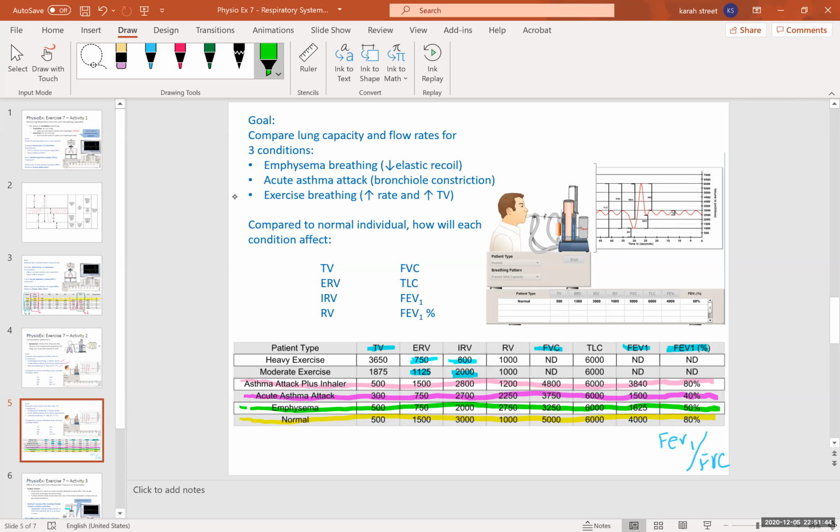Now let's address the moderate to heavy exercise. Notice that as you start to exercise, your tidal volume goes up. If your tidal volume is going up, let's go back to slide 2.